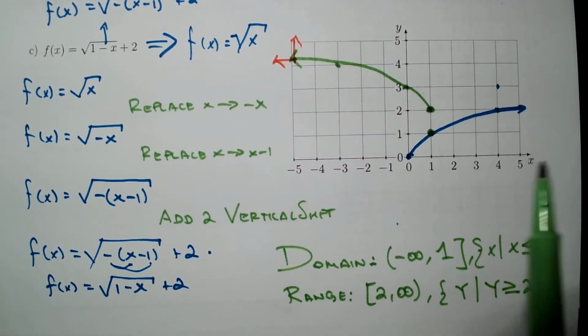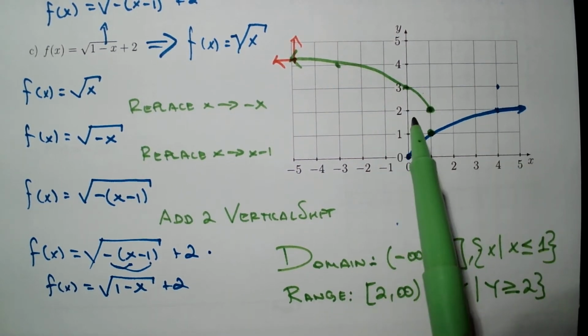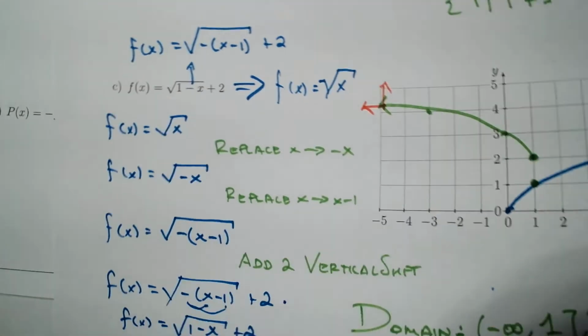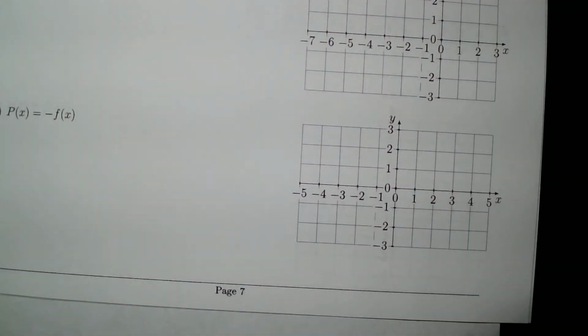But typically it's better to get the shifted graph first and from there get the domain and the range. We're going to do other kinds of examples in which we are going to expand this concept. Under which situations, how far can we go with this shifting?